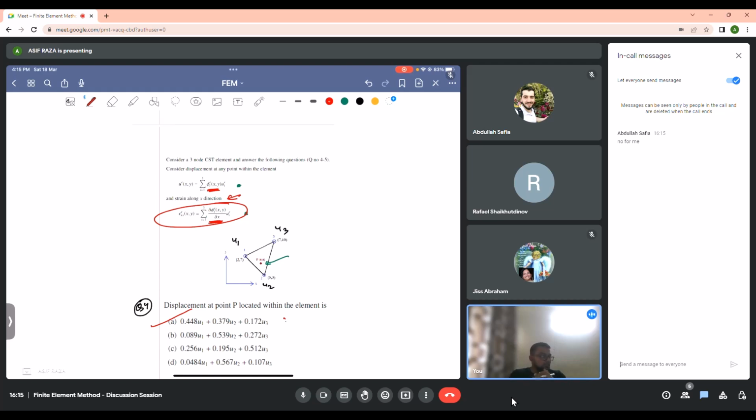I believe that we're delaying the mapping to master element for some reason. I don't know why, but in a triangular element, I believe it is more suitable to work with a master element. No. That is for rectangular elements itself.